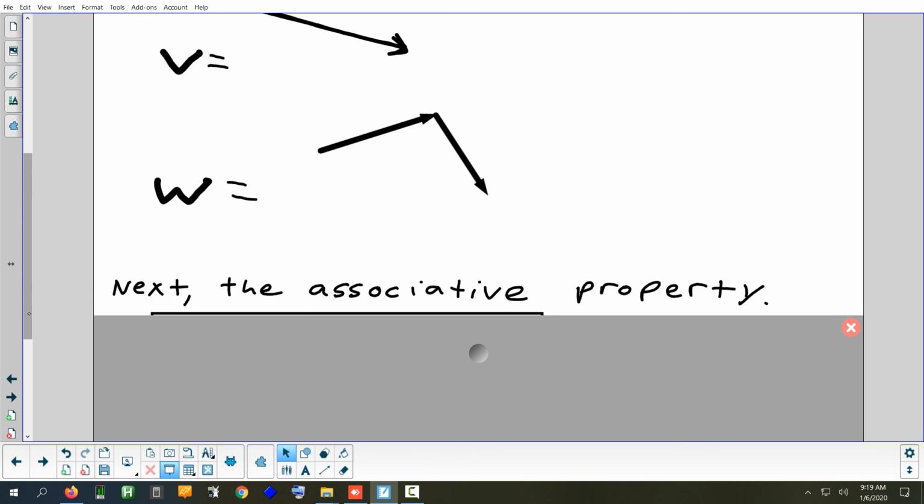Okay, associative. Does anybody remember what associative has to do with? For numbers. And it's going to be exactly the same thing for vectors. Let's think about that word. Associate. Associative, associate. It's kind of similar. What does associate mean?